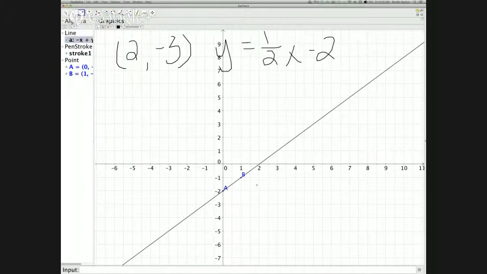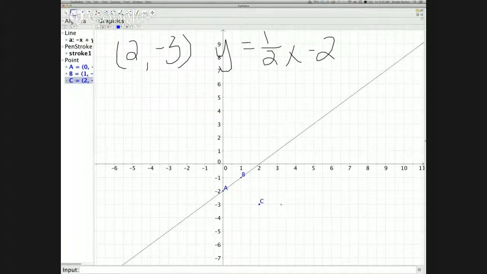And that's the line I want to be parallel to. Okay? And I know I want to go through 2, -3. So I'm going to come over to 2, -3 and put a point. So there's 2, -3.